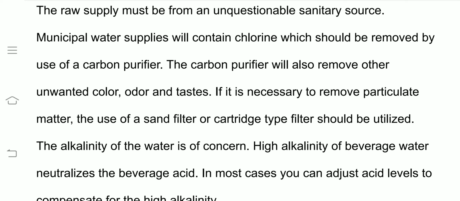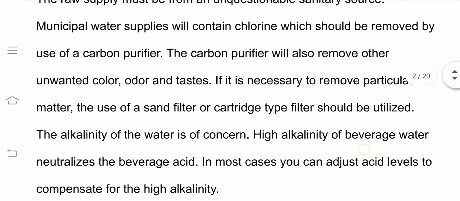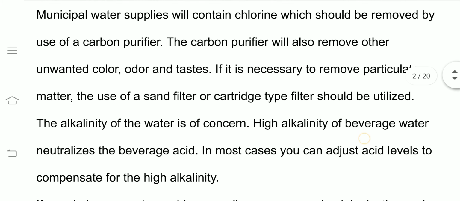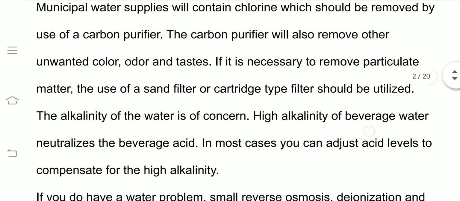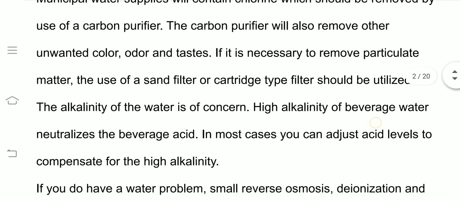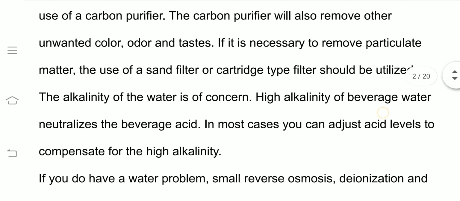Municipal water supplies will contain chlorine, which should be removed by use of a carbon purifier. The carbon purifier will also remove the unwanted color, odor and tastes.